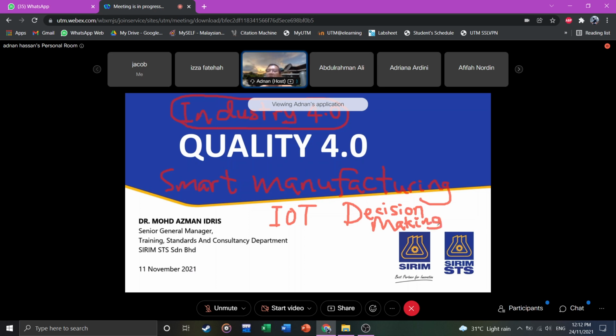Tentu kita ada artificial, okay, intelligence. Okay, artificial intelligence. So there are many technologies related to this. Okay, so I just would like to expose, okay, at this stage for you. Okay, what are the things that we need to be aware of this development.